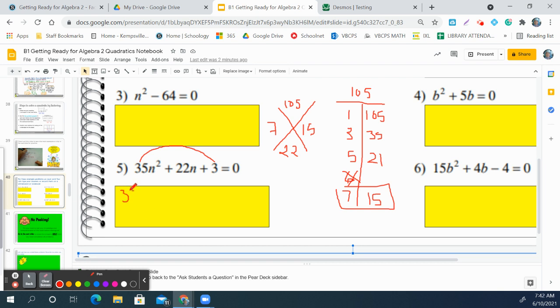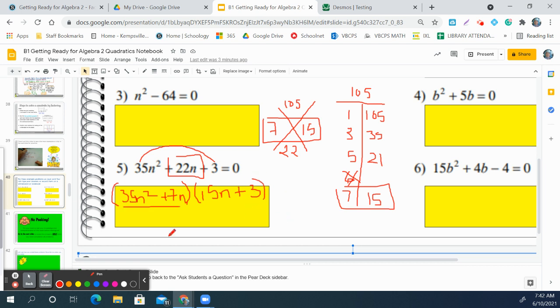So now we've got 35n squared plus what? 7n. Remember, these become my middle pieces. That replaces this 22. And then 15n plus 3. And now I've got to take out my greatest common factors.